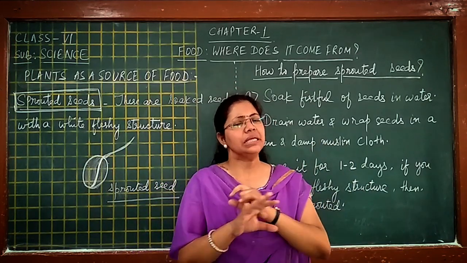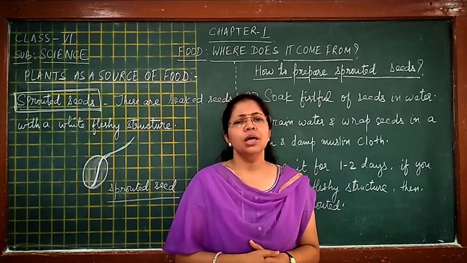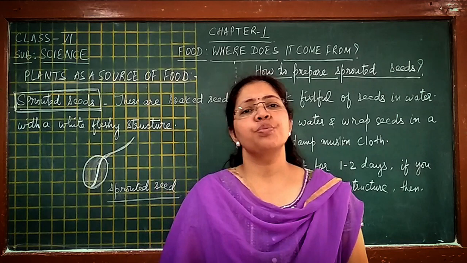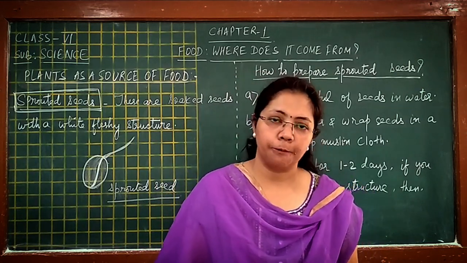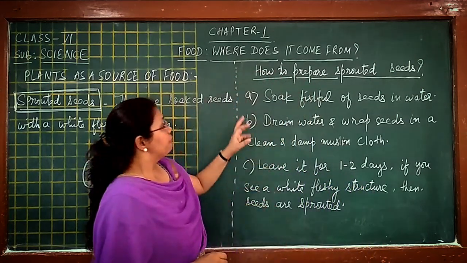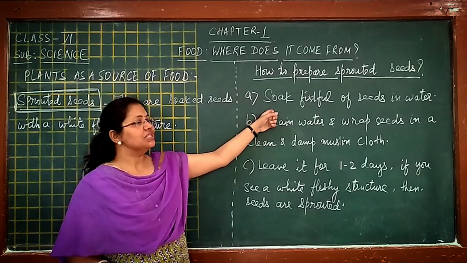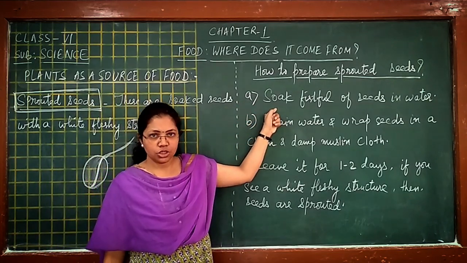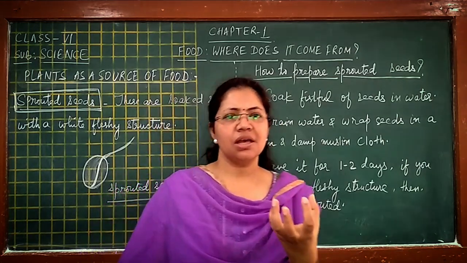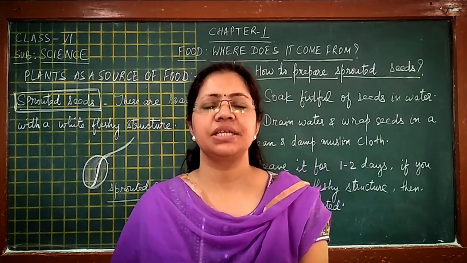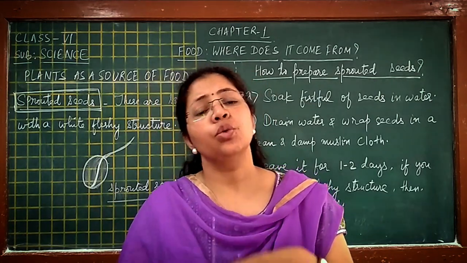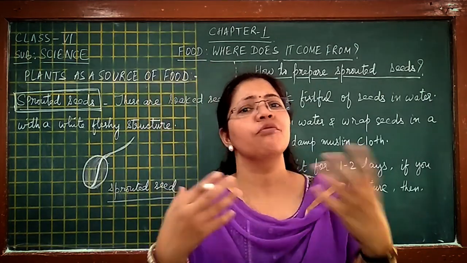It is a very easy method, and I'm sure many of you must already know how sprouted seeds are prepared. The first step is soaking. We have to take a fistful of any seeds. You can take chana seeds, moong seeds, rajma seeds, whatever you like.